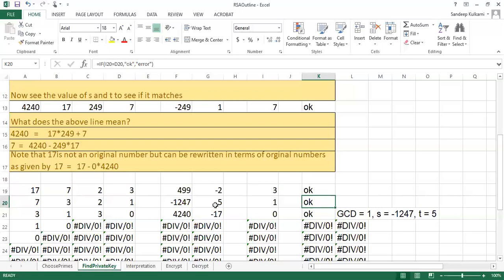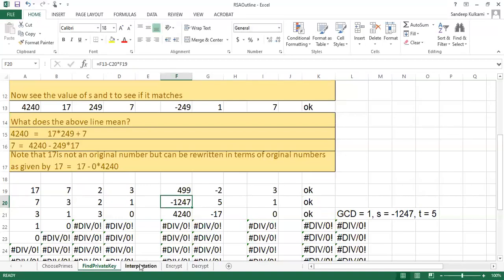So in this case, the value of the private key is going to be minus 1247. I have selected this specific example because there is a possibility that the private key you get happens to be negative, in which case we need to spend a little bit of time and do something else to find the actual private key, because we want the actual private key to be positive.